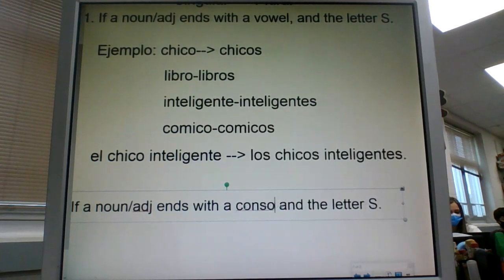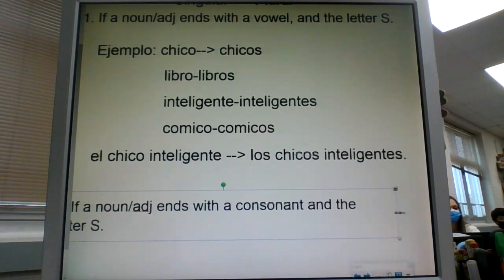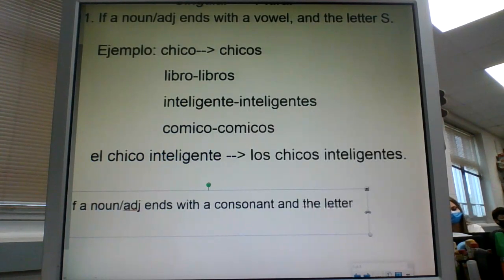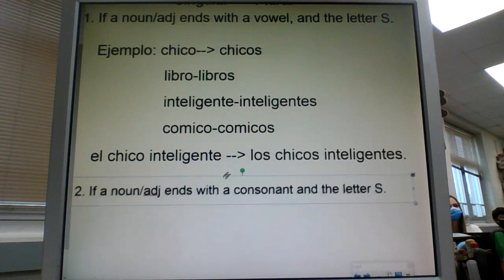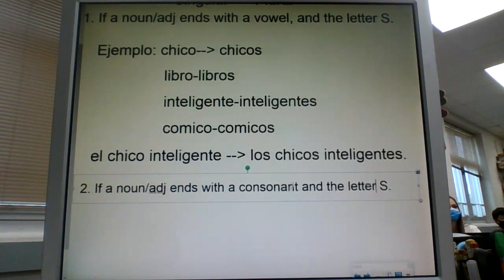Consonant. Consonants. All right. So, if a noun in Spanish, if a noun or adjective ends in a consonant. Oh man, that was bad. Not and, add.